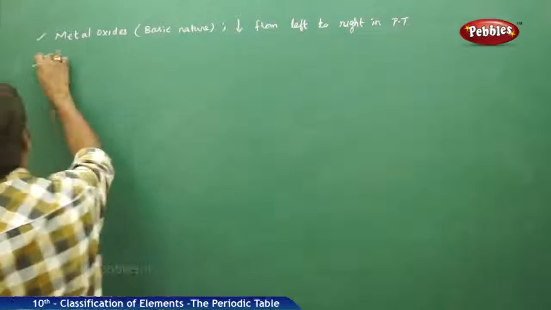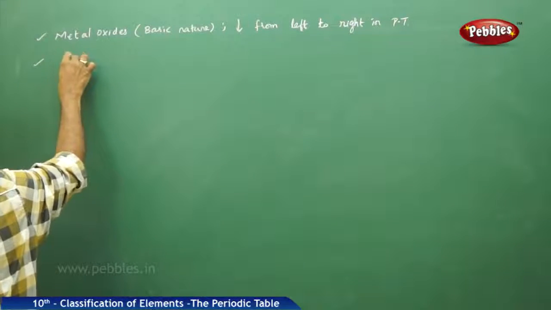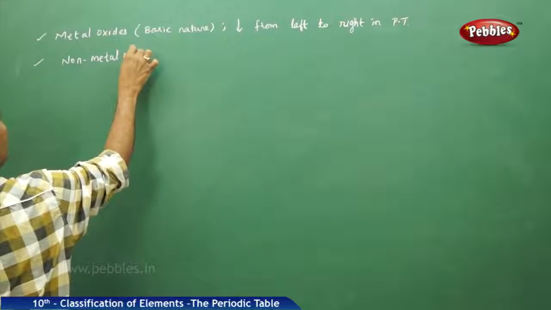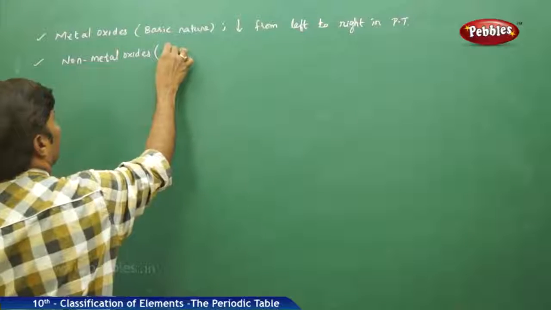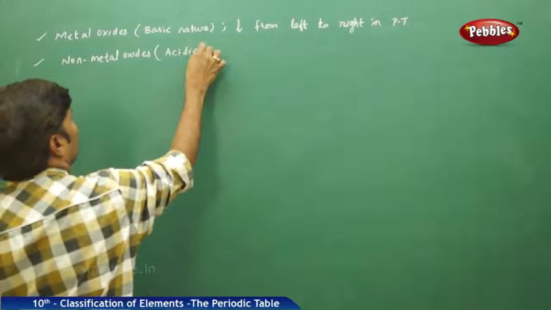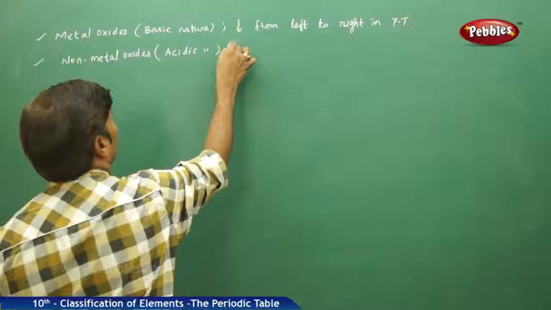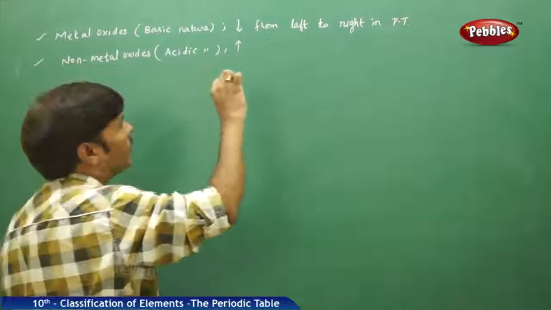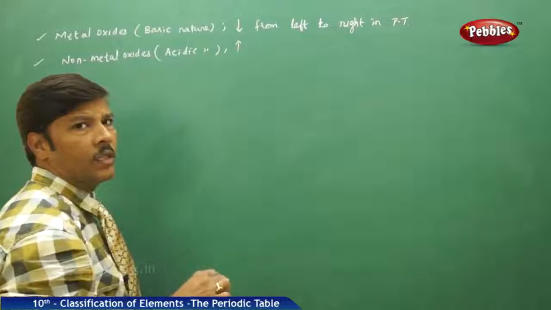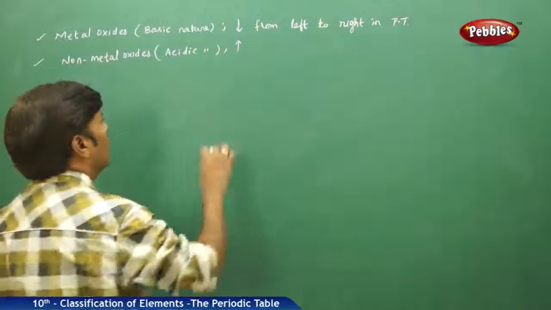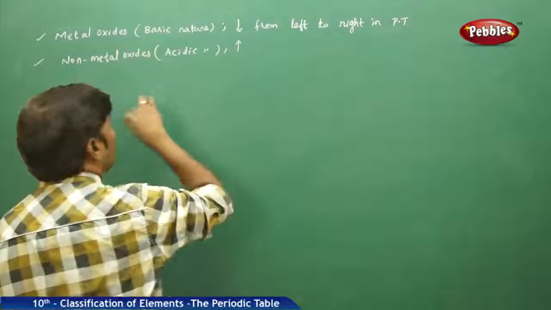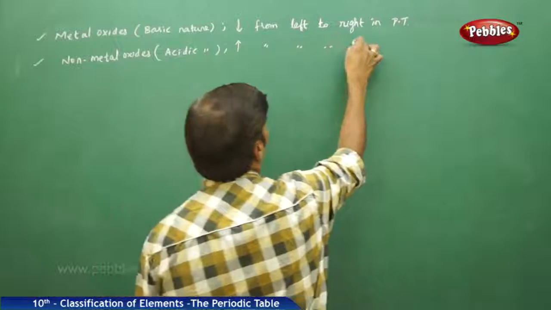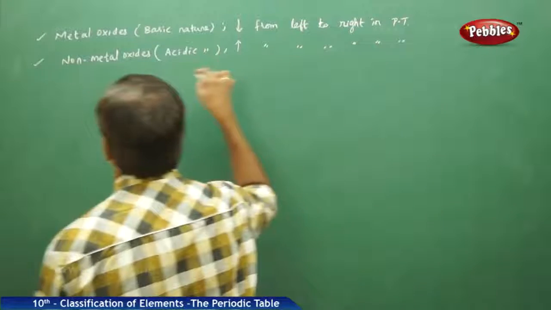Whereas if you take non-metal oxides, acidic nature increases. Upward arrow stands for increasing of the property and downward arrow represents the decreasing of the property. Non-metallic oxides, that is, acidic nature increases from left to right in a periodic table.